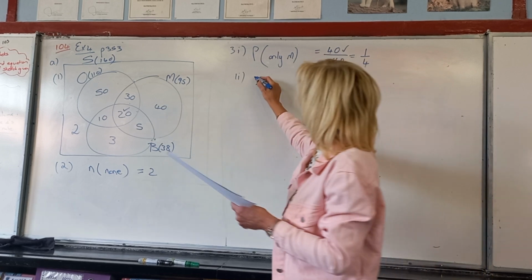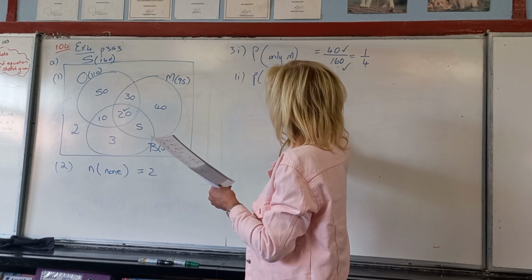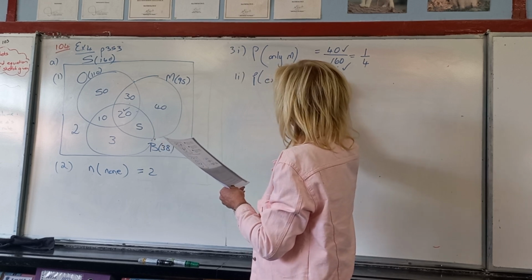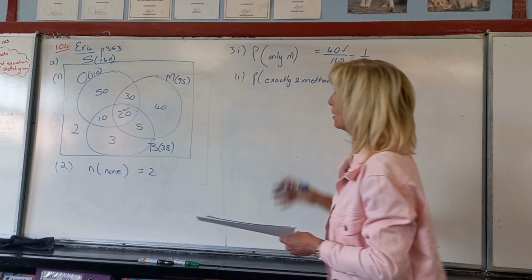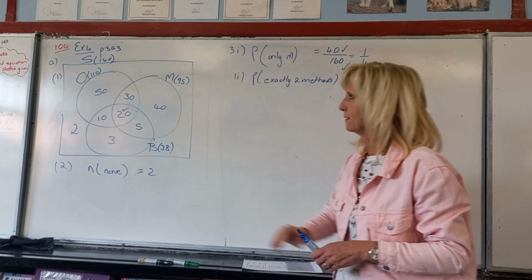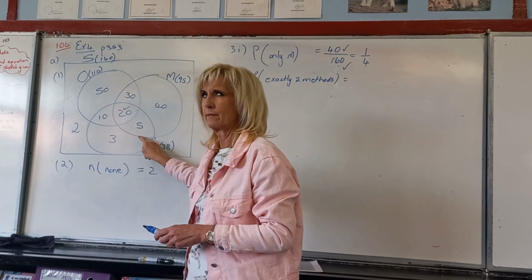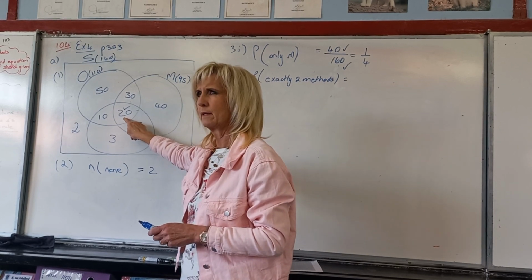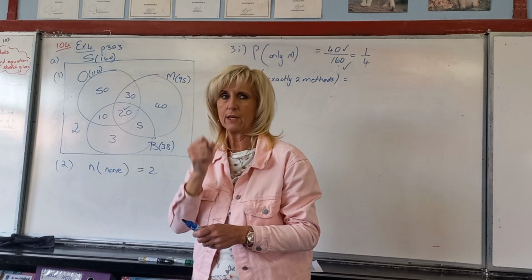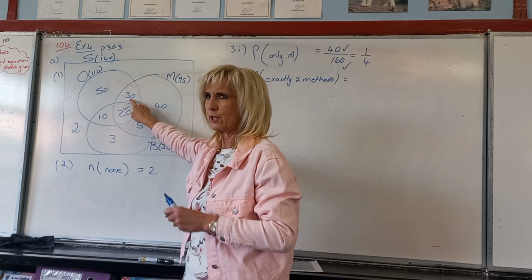What is the probability that they use exactly 2 methods? Now, where is exactly 2 methods? 30, 10, and 5. Not 20, because it says exactly 2. These people use ovens and microwaves. That's exactly 2.